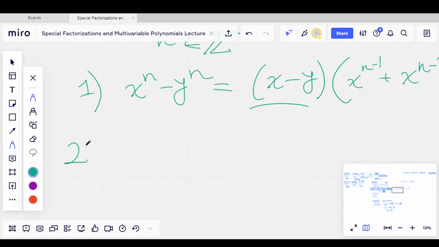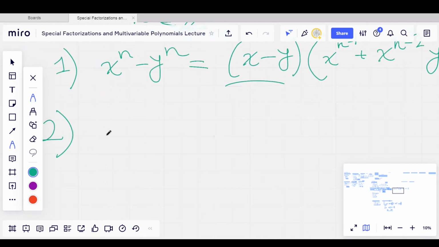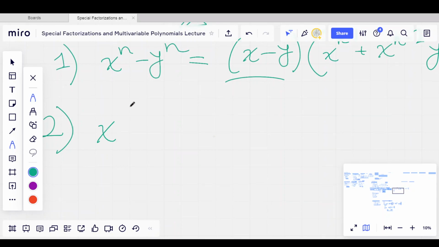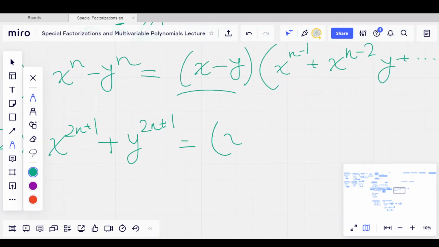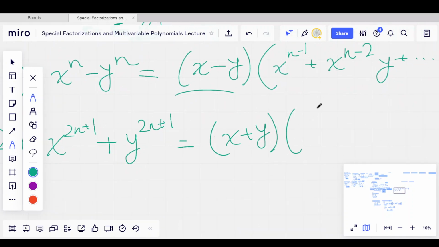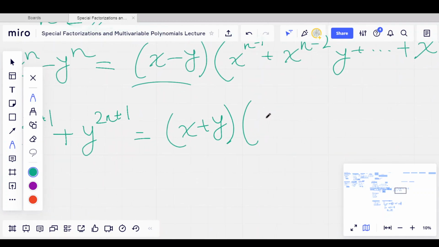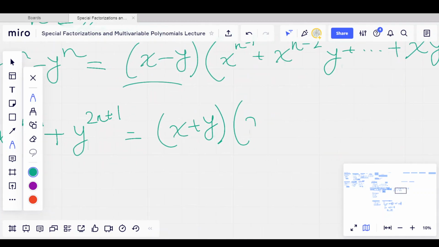Okay, number 2 is the sum of odd powers. This one's probably a little bit harder to see. So 2n plus 1 and 2n plus 1, because this is always congruent to 1 mod 2. I think I'm also forgetting what this actually is.